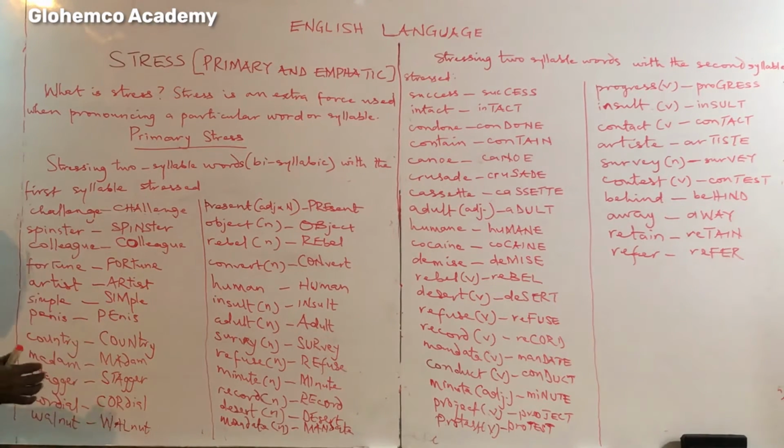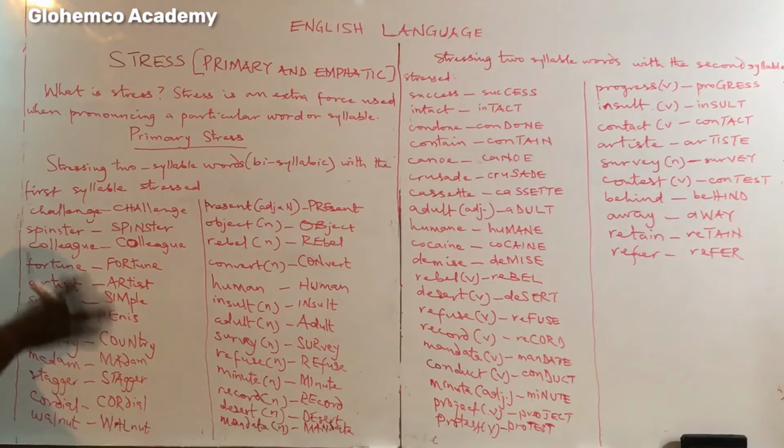Now, we have FORtune. We have ARtist. We have SIMple. Then PEnis. Take note of that. Our people will say what? It's not peNIS. It's even a long E. So take note.